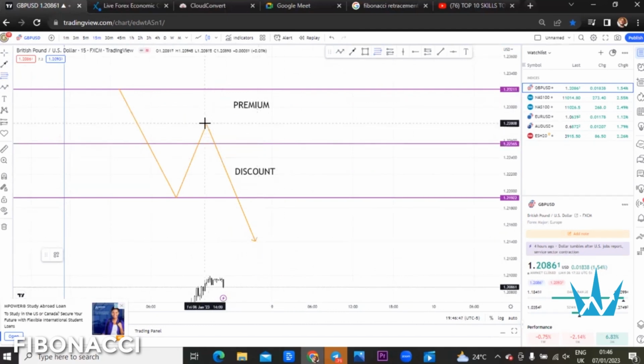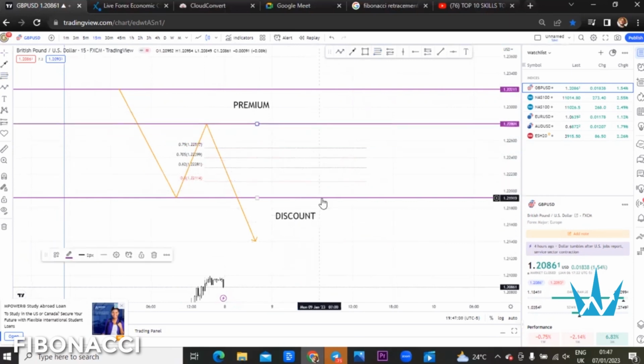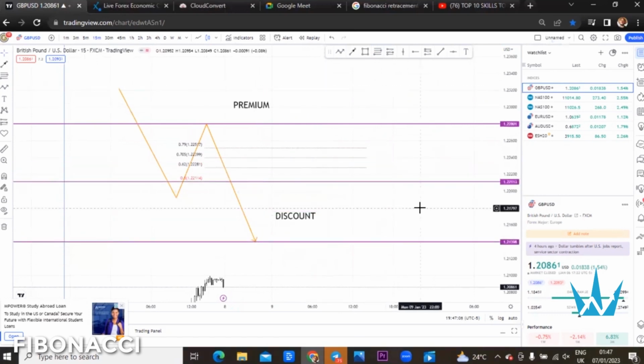So if I draw my fib from the top here, I pin it to this level. My range has changed because this is now the high and this is now the new low and this is now half of the range. Everything has changed.